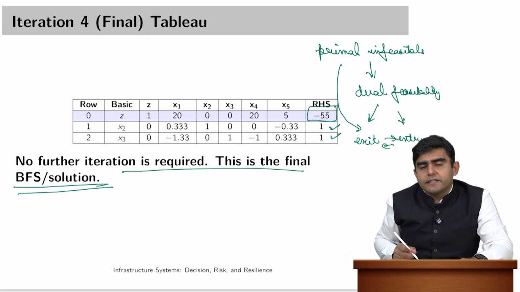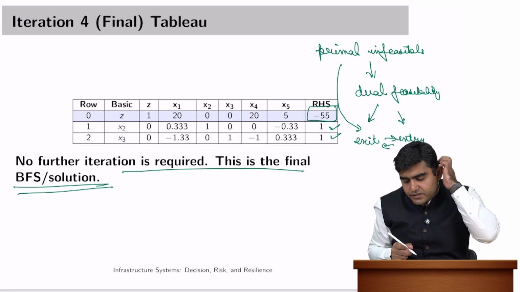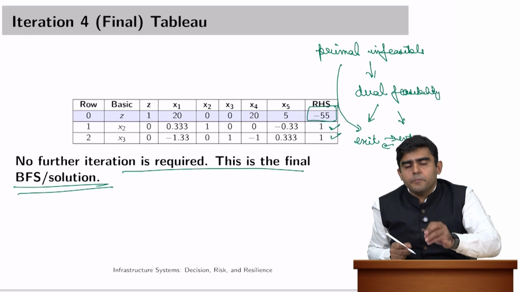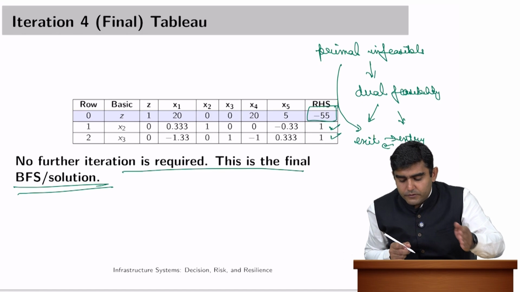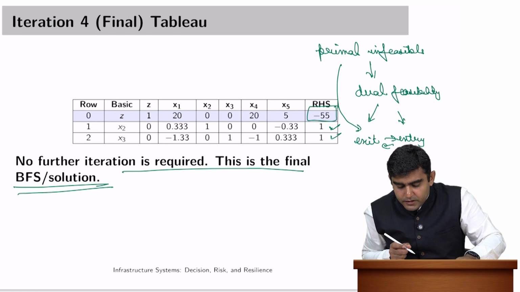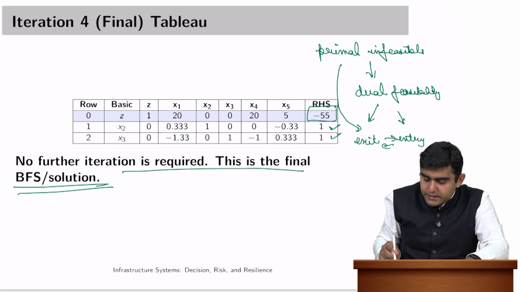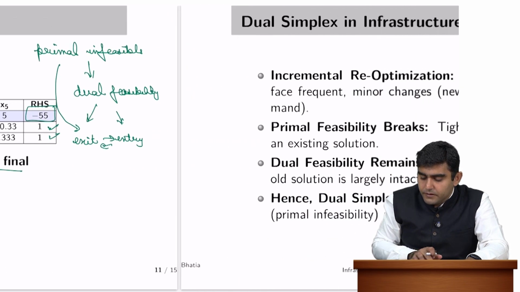So entry and exit rules change their way. You can always look into the calculations here, but the fundamental remains the same, that the one with the most negative coefficient should leave, the one with the most positive coefficient should enter, and so on. And this drives our solution towards feasibility.